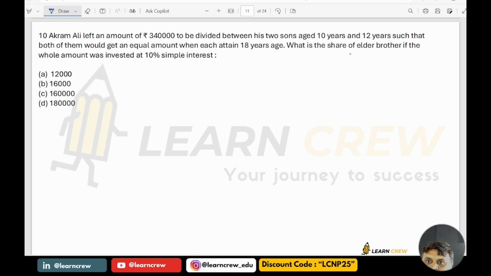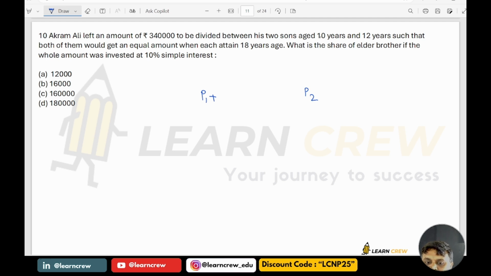What is the share of the elder brother if the whole amount was invested at 10% simple interest? So the first person P1, second person P2 amounts are given, out of 3,40,000. This is invested for the first person, this for the second person, both at 10% simple interest.